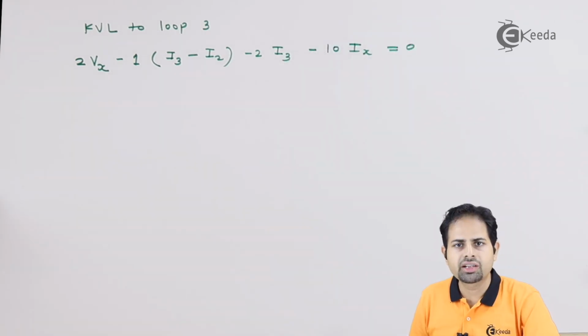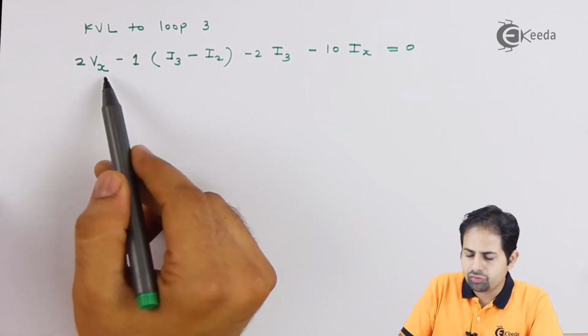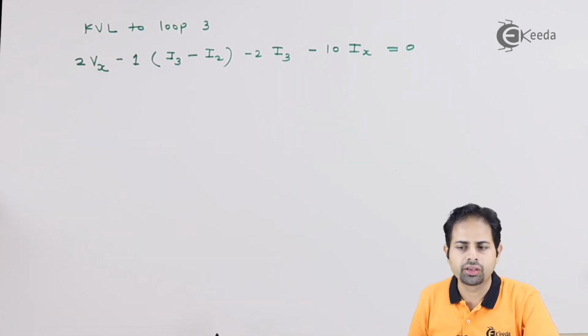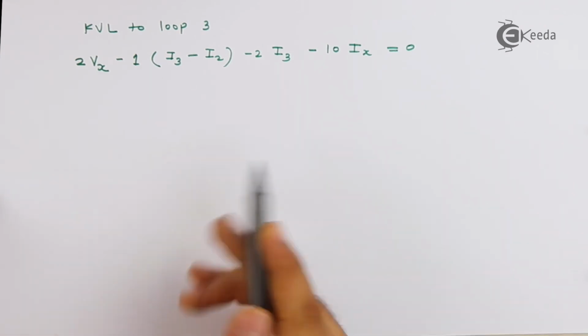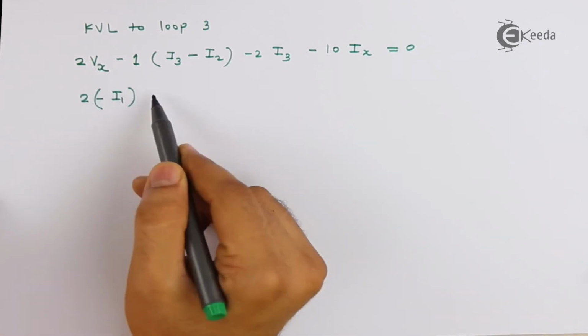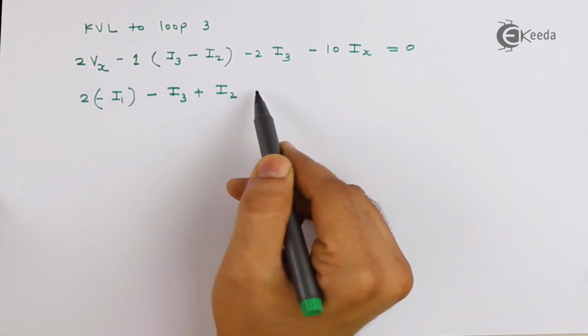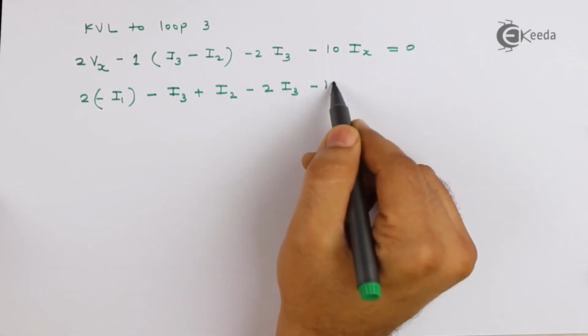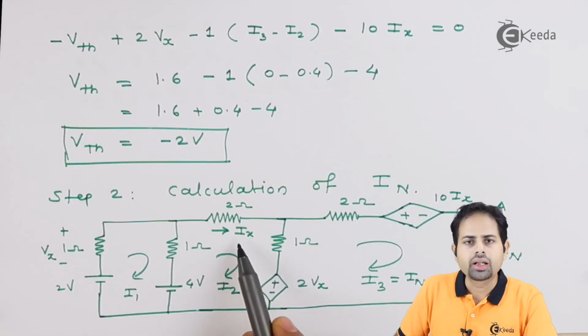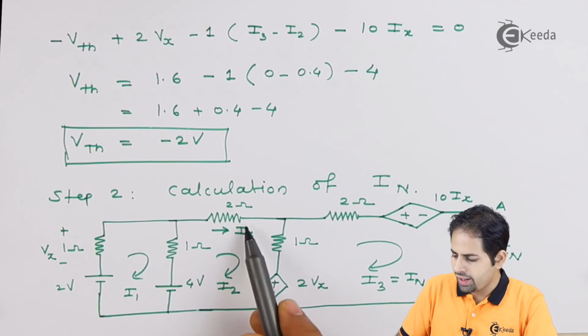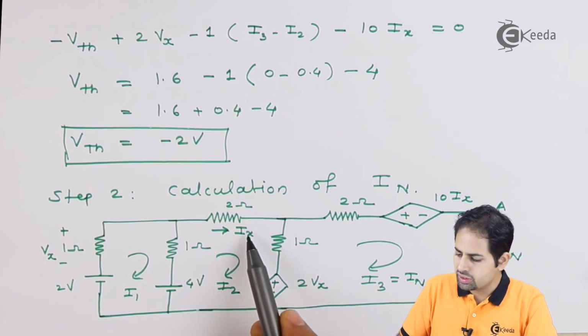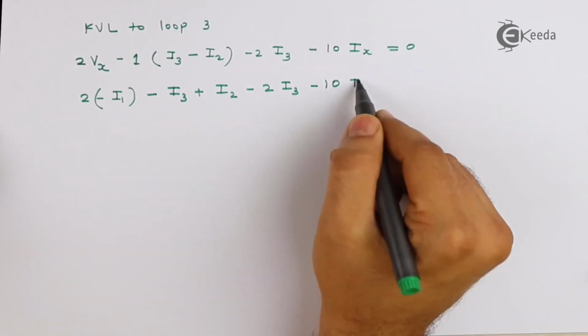Now we will rearrange the equation as well as the value of Vx, which is minus of I1, we will substitute it here. Now what is this Ix? This Ix is from loop 2 and Ix is equal to I2. So instead of this Ix, we'll put I2.